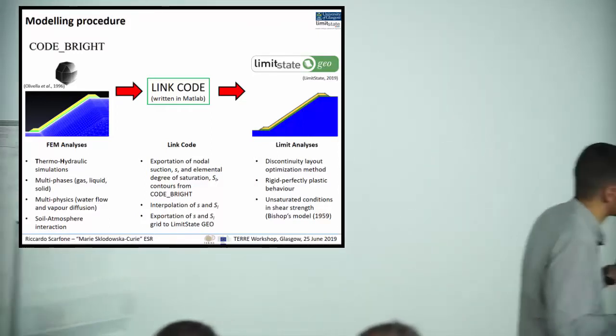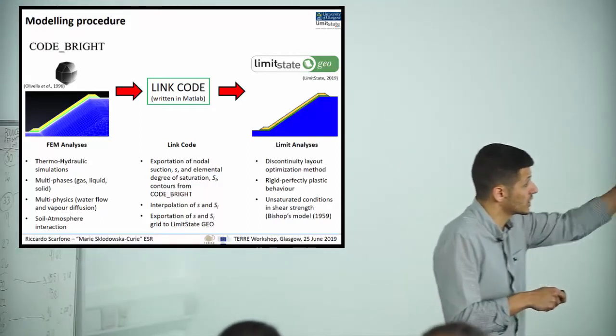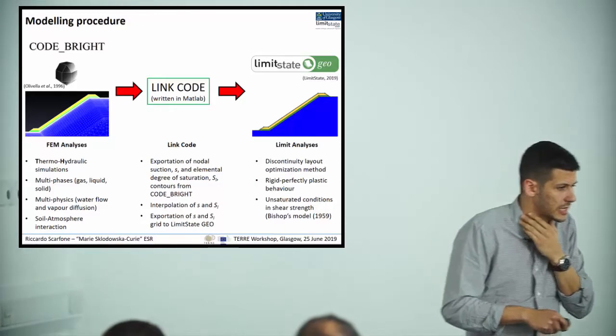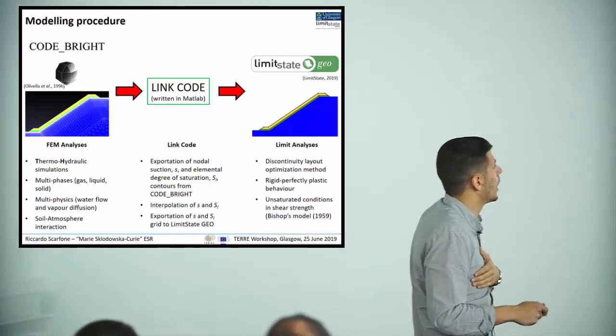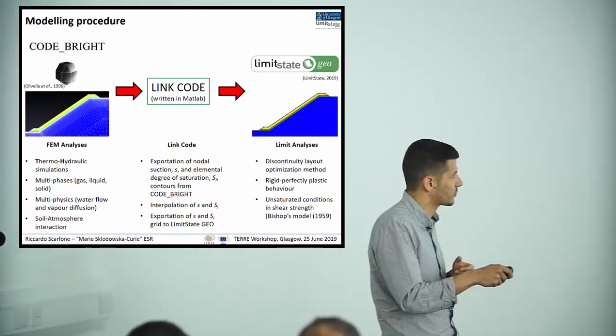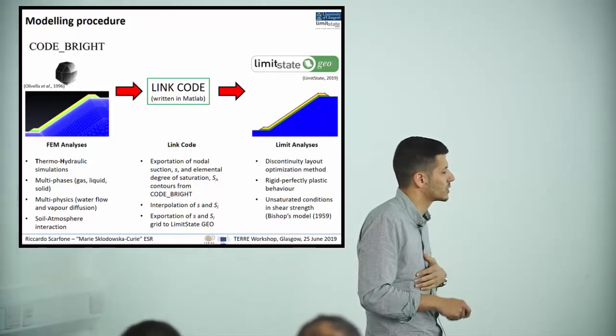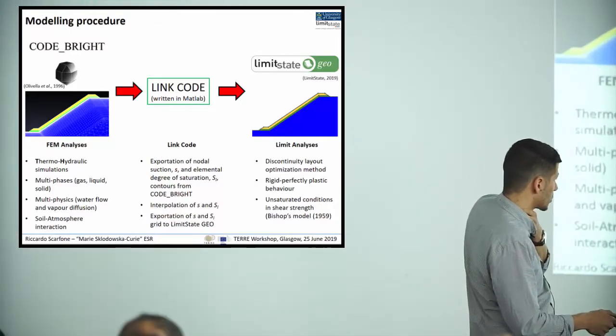So Limit State GEO is software produced by Limit State, based in Sheffield, where I recently spent 3 months, which performs limit analysis for geotechnical problems using a discontinuity layout optimization method.